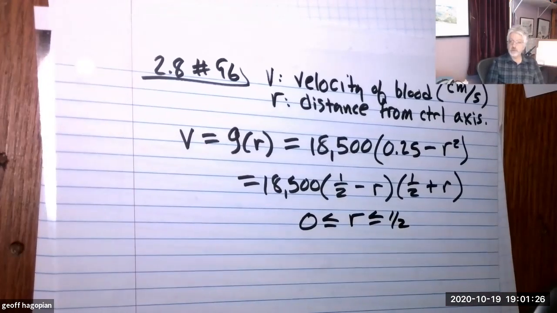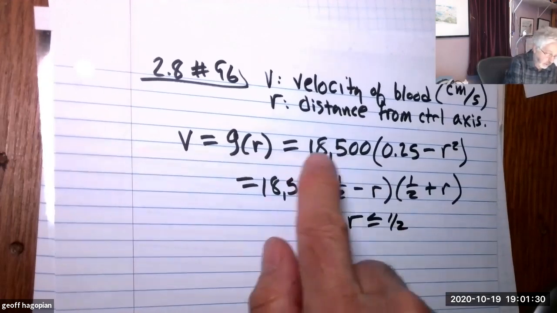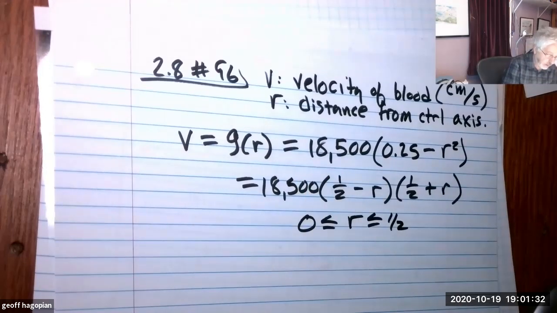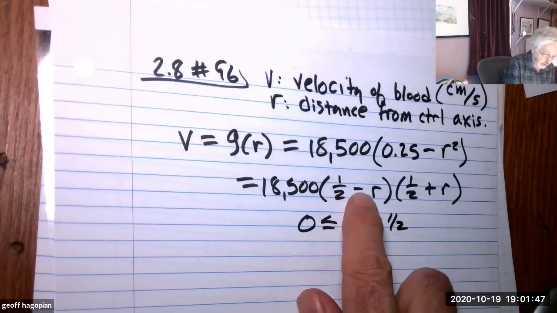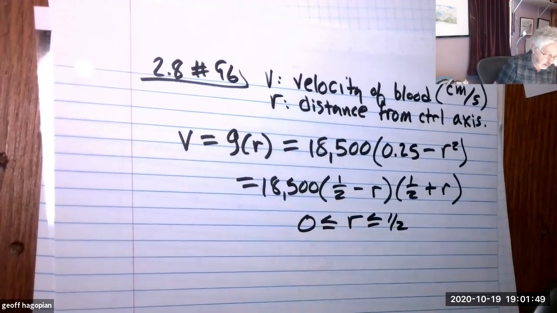If r is 0, then the velocity is a quarter of 18,500, or 4,750 centimeters per second. That's pretty fast. It's whipping along. That's some fast blood. Whereas if r is 1/2, then you're at the boundary, and this factor becomes 0, and so there's no velocity at all. The blood doesn't move at the boundary.